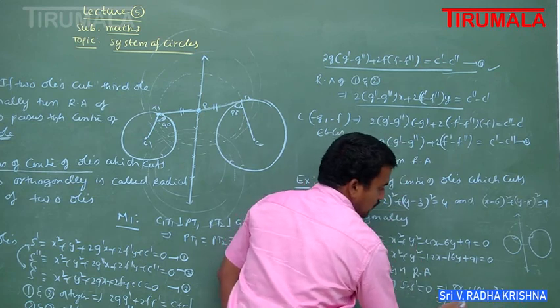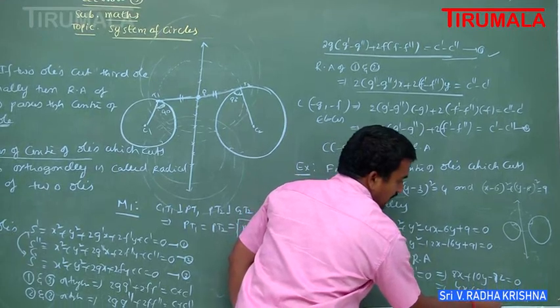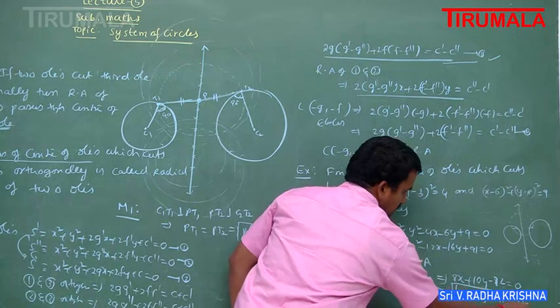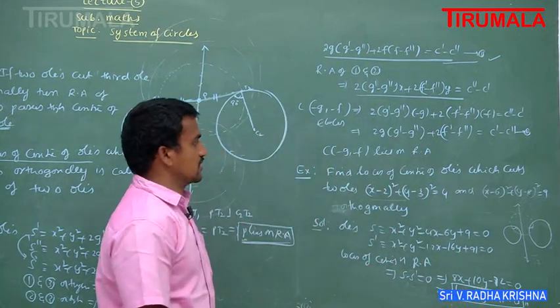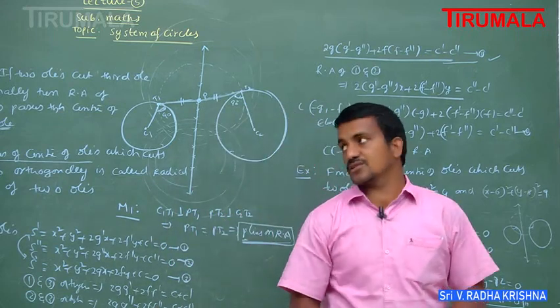Taking 2 common on both sides, we get 4x + 5y − 41 = 0. So this is the locus of the center of the circle which cuts the two circles orthogonally. This is important for the objective also.